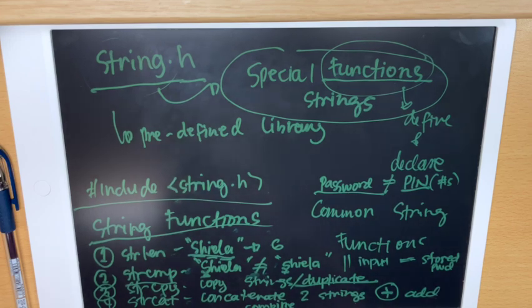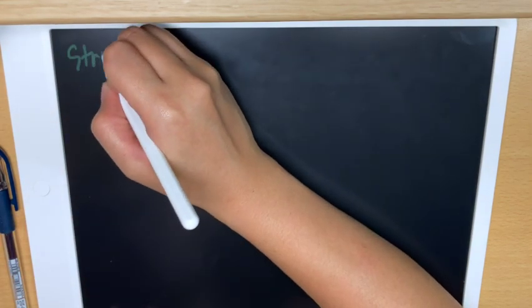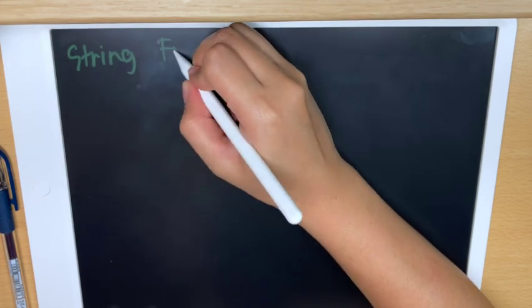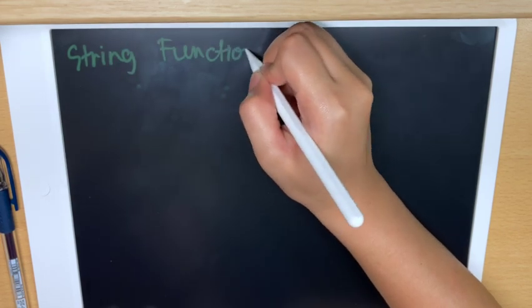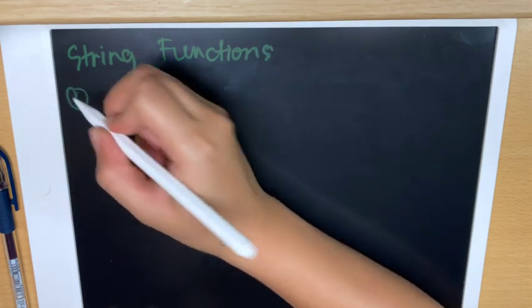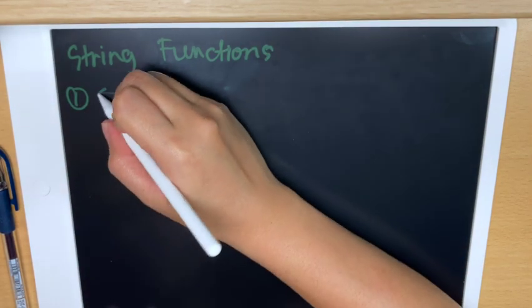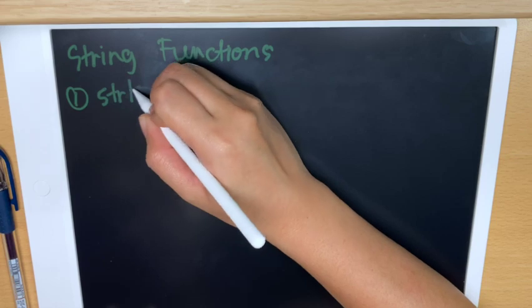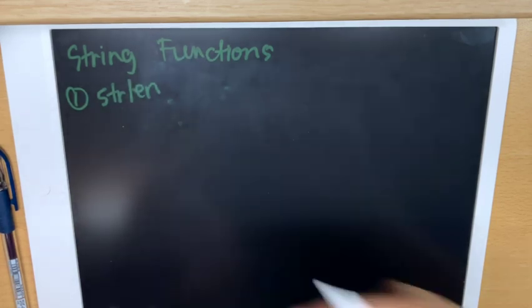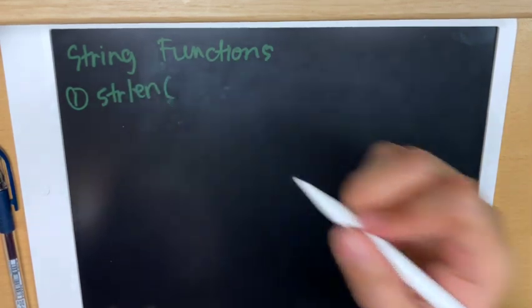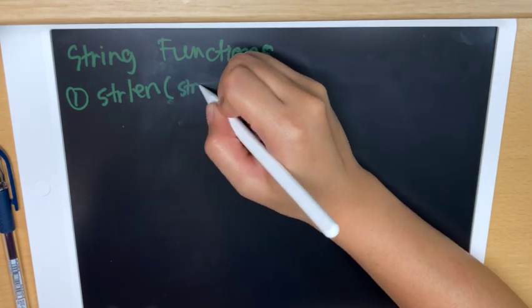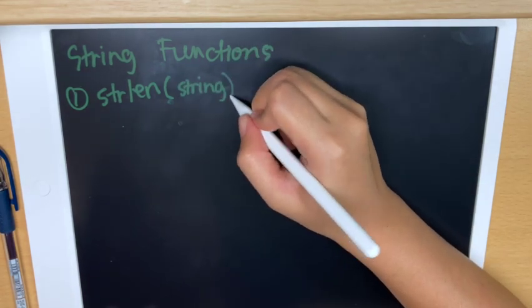Okay, so we're gonna introduce these common string functions one by one. Let us start with strlen. The syntax would be the keyword strlen, open parentheses, and the string you want to count.